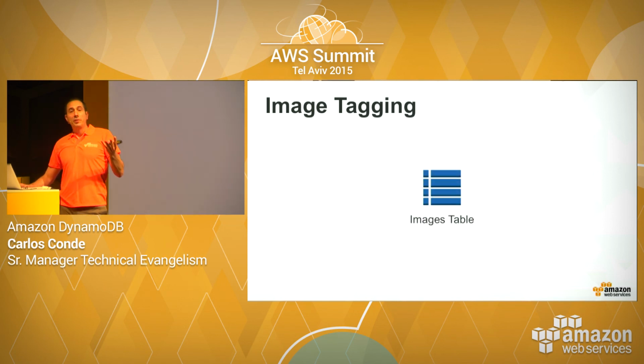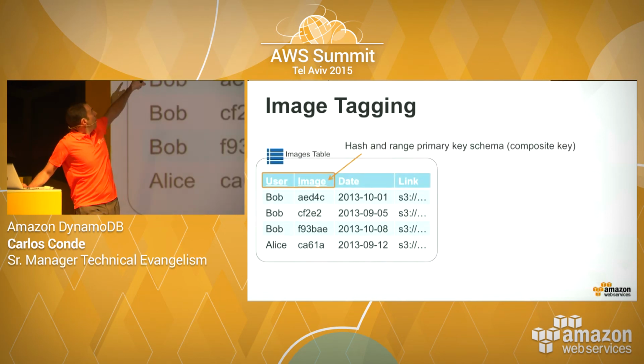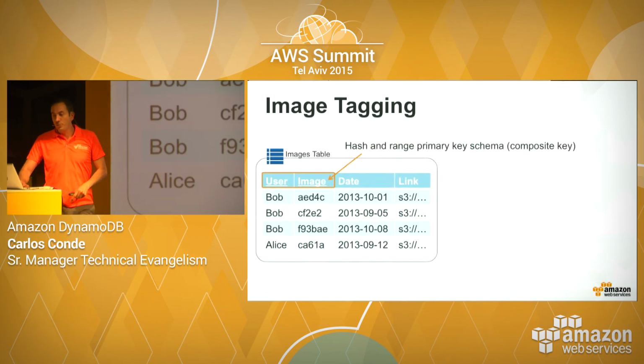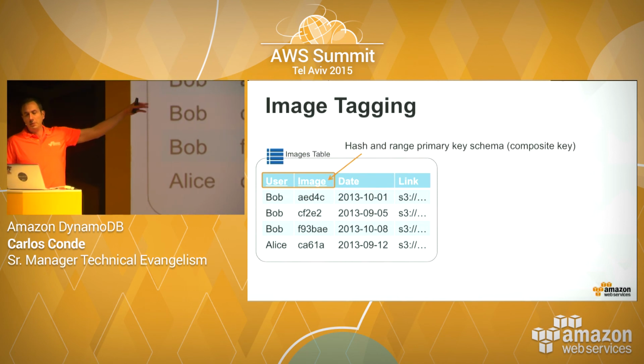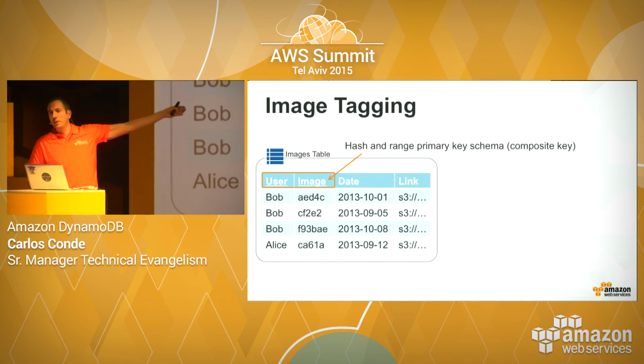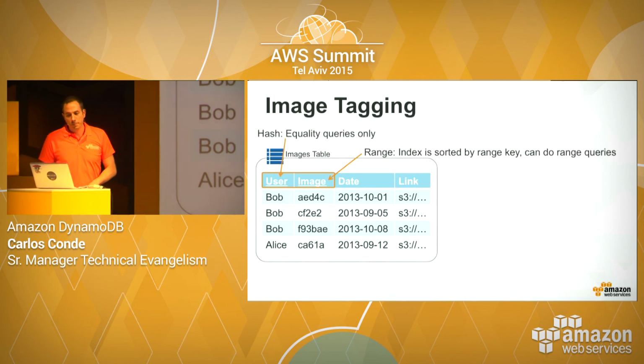So the way we're going to build this is we're going to create one table, pretty simple, where the hash key is going to be the name of the user, and then the range key is going to be the ID of the image. And then we're going to have other attributes like the dates, the link into S3 of the image, and so on.